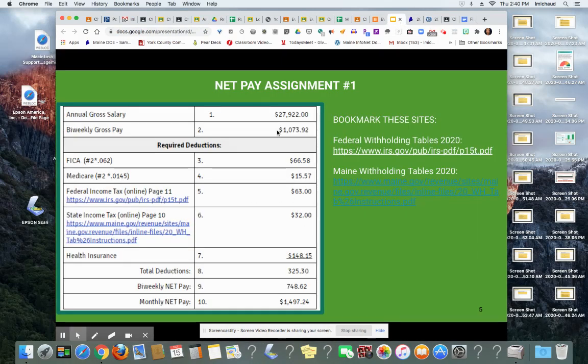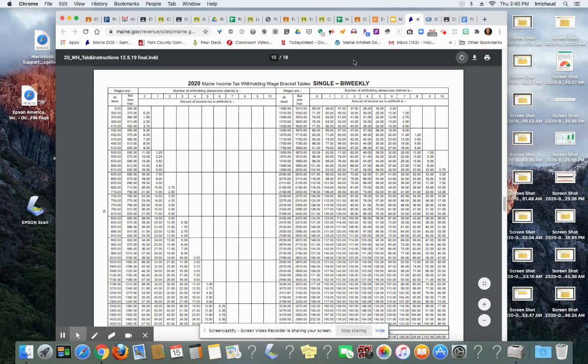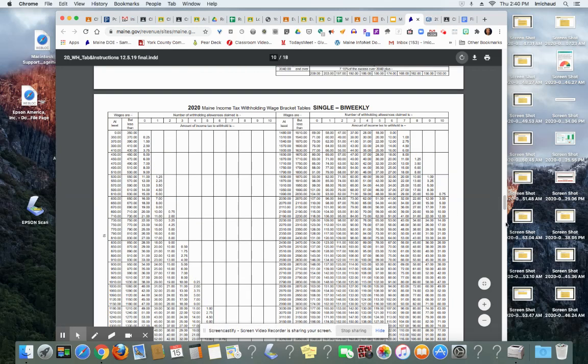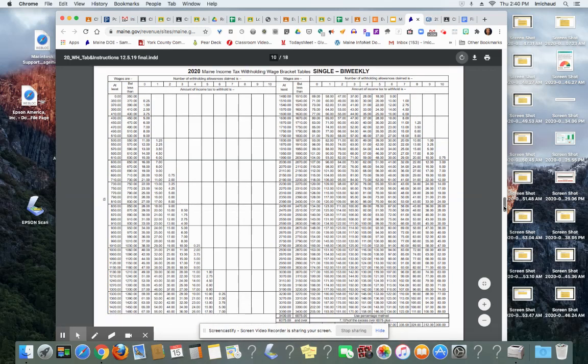Now we need to do the same thing for state income tax. Look up 1073. So I'm going to go to that link. Once you get to these sites, you want to make sure you bookmark them so you can go back to them easily. Claim one withholding allowance was the scenario, so you can claim yourself, and we're looking up 1073.